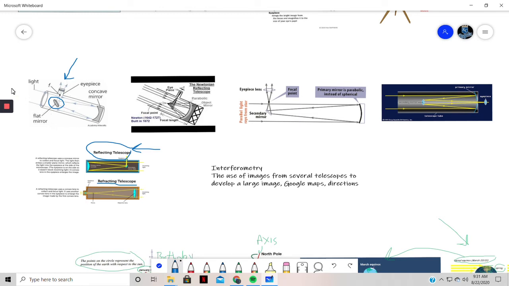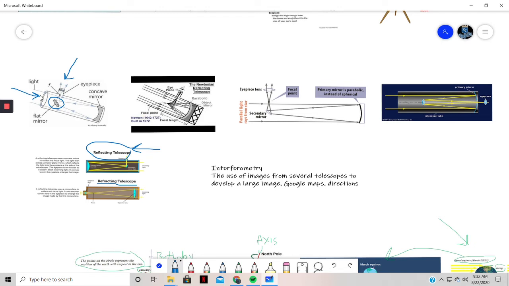But the light still comes in this way and makes its way to this concave mirror. So refracting telescopes use lenses. Reflecting telescopes use mirrors. That's why it's called a reflecting telescope.